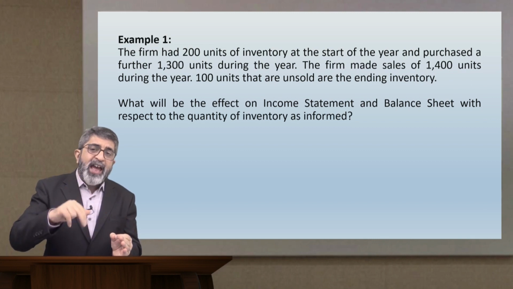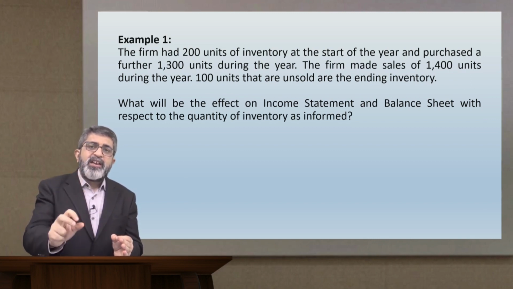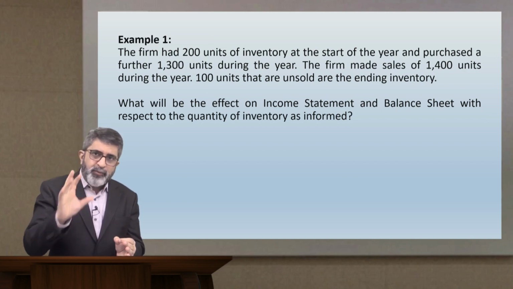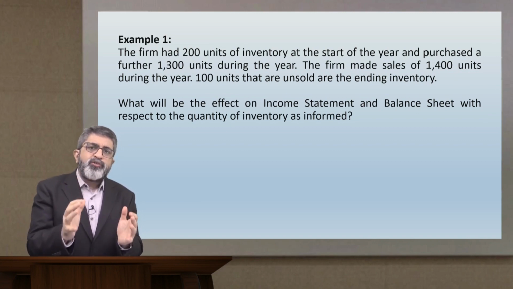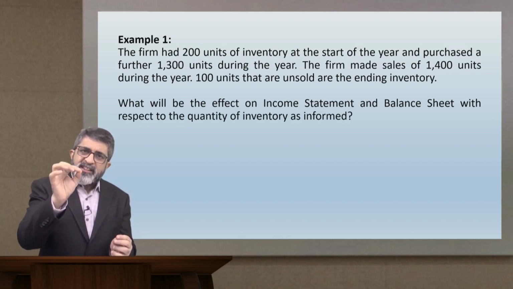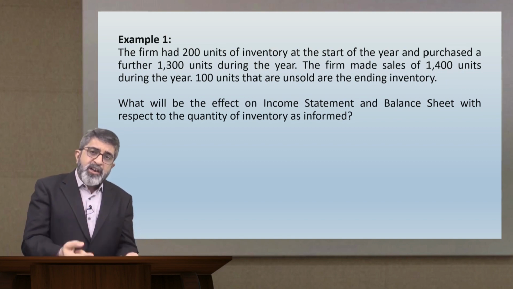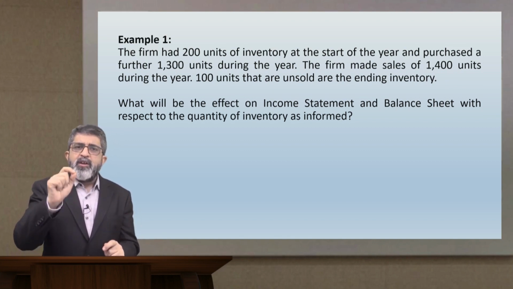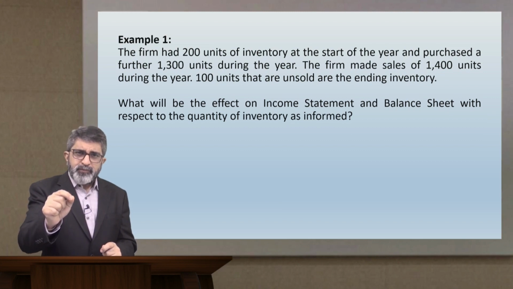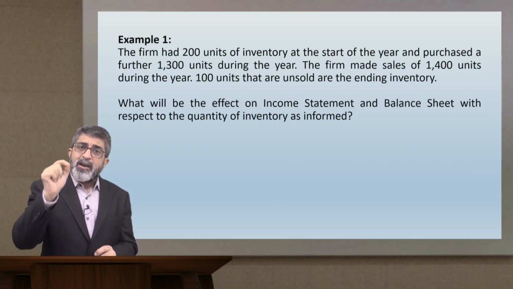1,400 units which have been sold, the cost of these units will be stated as expense in the income statement. So the proportionate cost of 1,400 units will be placed as expense in the income statement, and the cost pertaining to those 100 units that have remained unsold will be placed as your inventory at the end, and that will be an asset in the balance sheet.